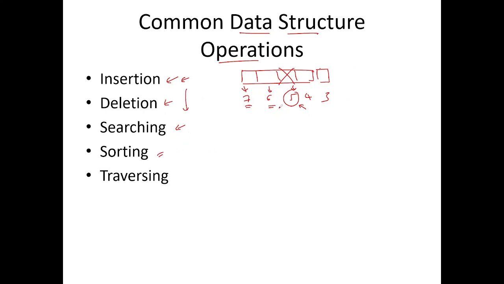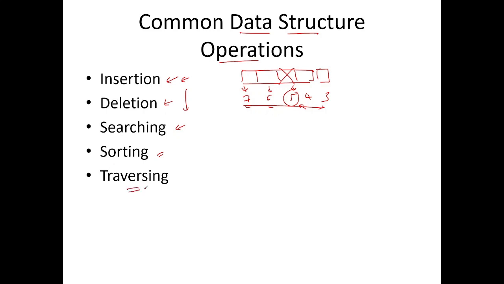And sorting. If you look at this particular array, this is not in sorted order. If you observe closely, this is in decreasing order. It can be sorted, but the standard way of sorting is in ascending order, that is from lowest to highest, and this is also fine. In some way this is sorted.